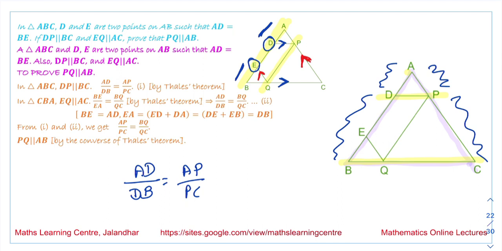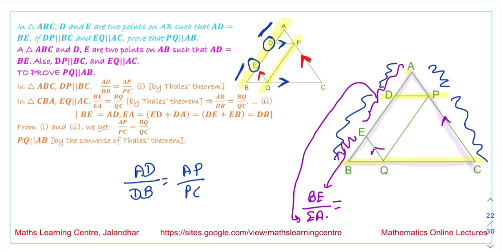Now next we have EQ and AC, these are parallel. So what we get from this is that BE, this portion over here, over EA, this length we are talking about, is equal to BQ over QC.